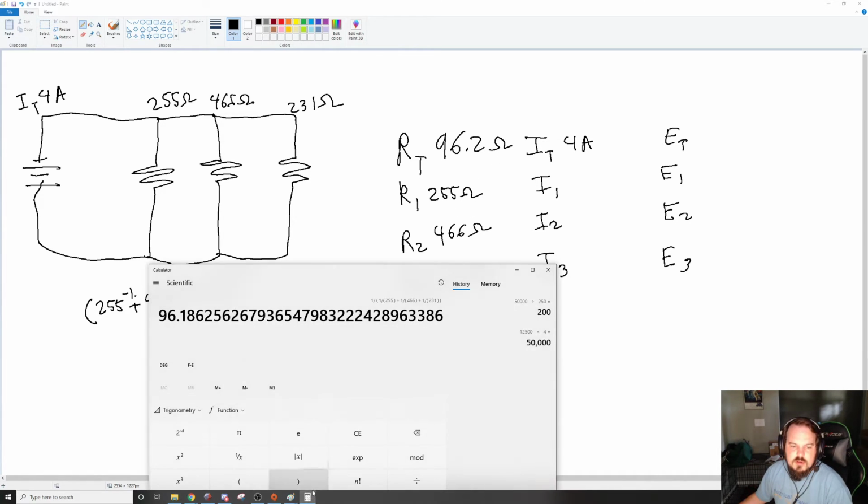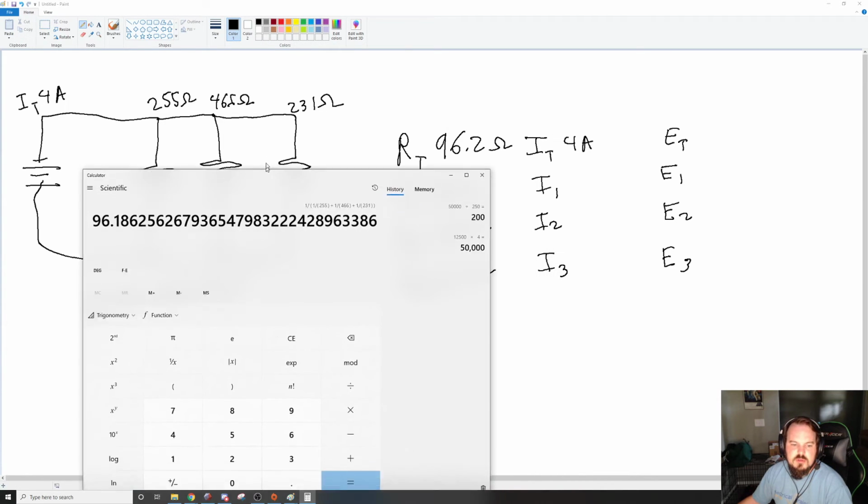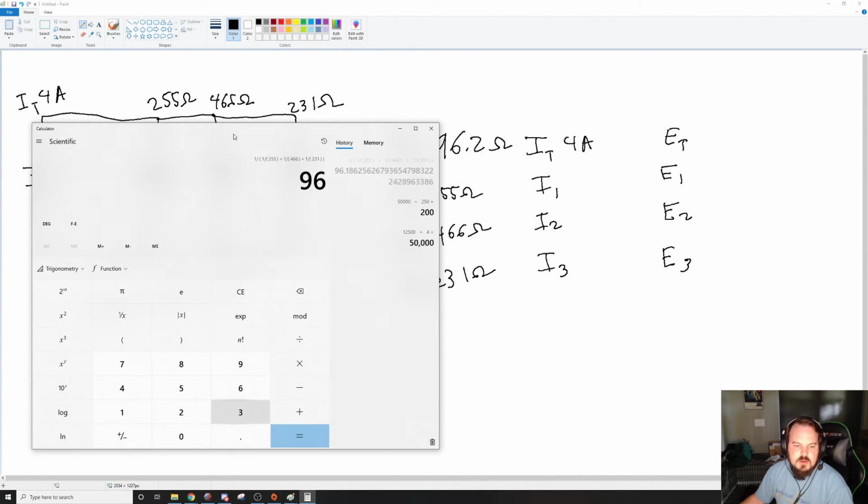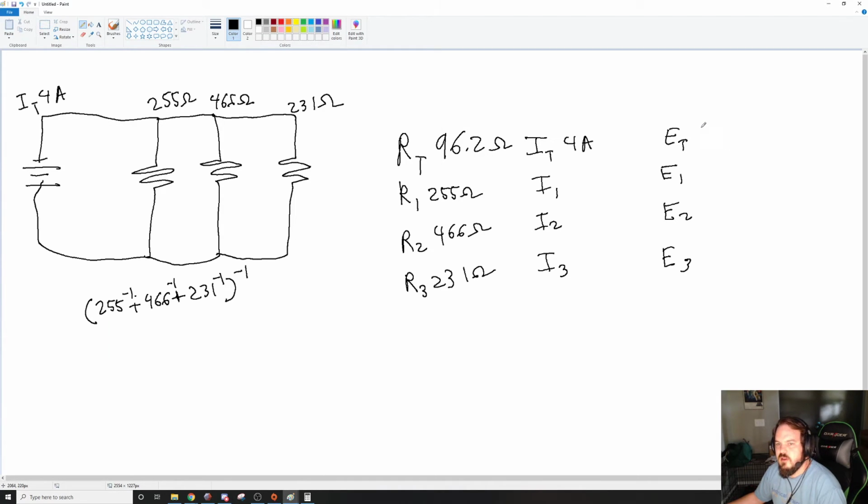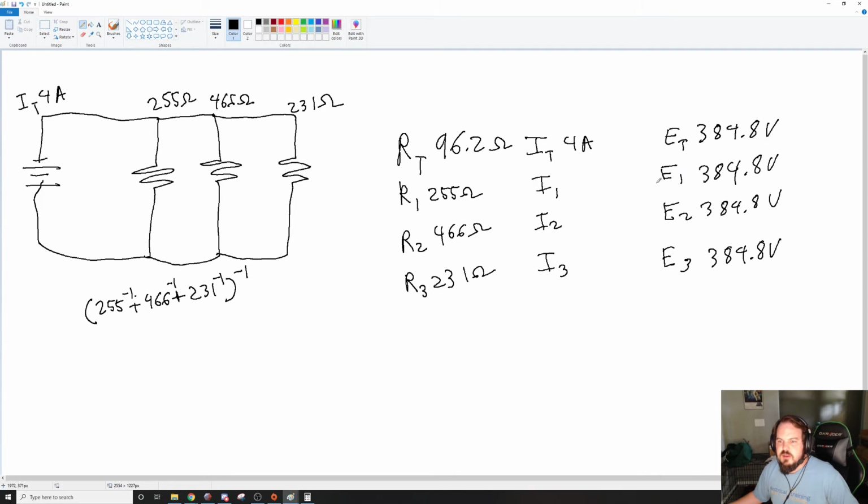Now we'll take that 96.2 times 4. 384.8. This will give us our voltage, 384.8 volts. Now we can divide each of these over.